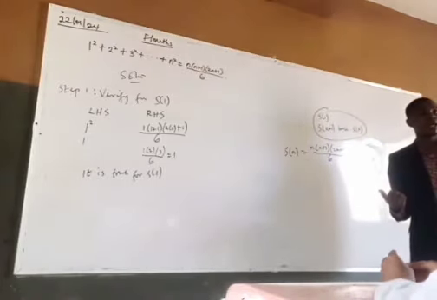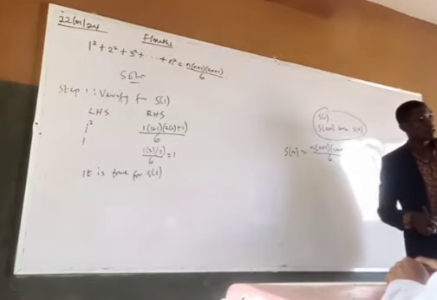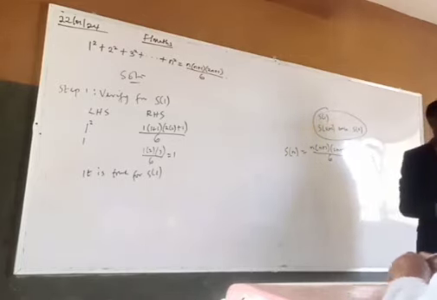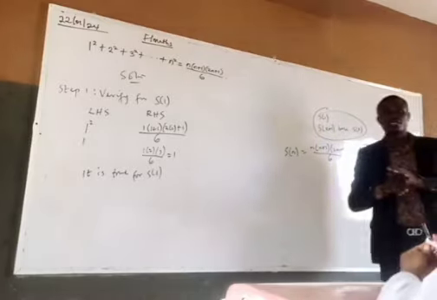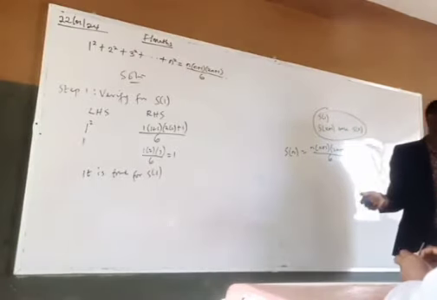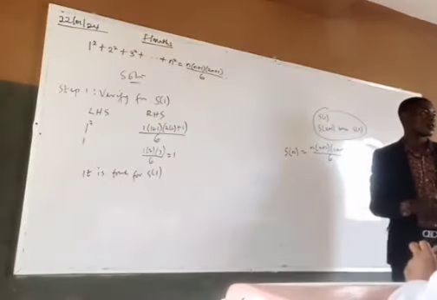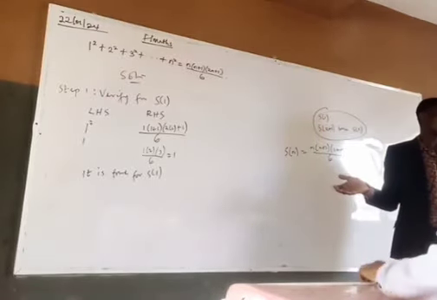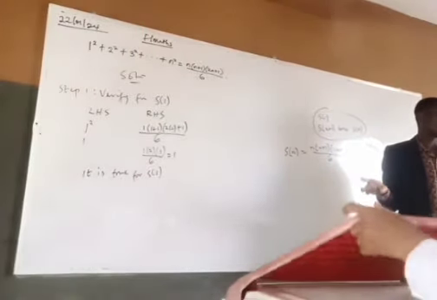Okay, Joshua, you have a question. If S of 1 is not true, then the formula is not even correct. So you stop there, that it is not true for all natural numbers. That ends the problem. Do you understand? Yes, sir.